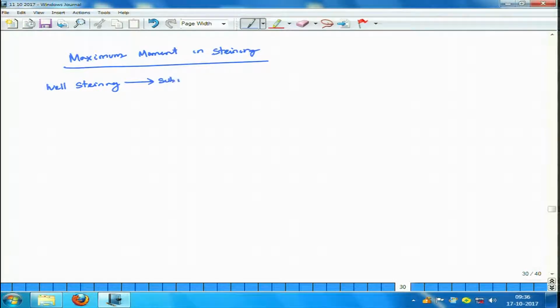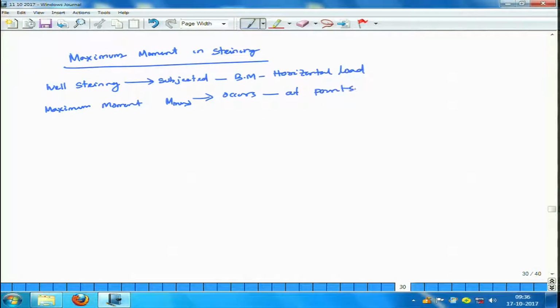The maximum moment M maximum on the steining occurs at a point S at a depth x below the scour line.